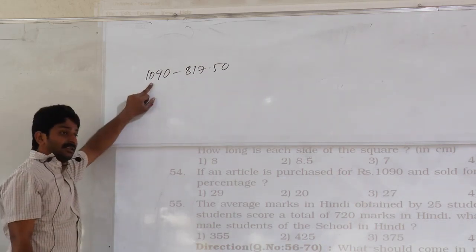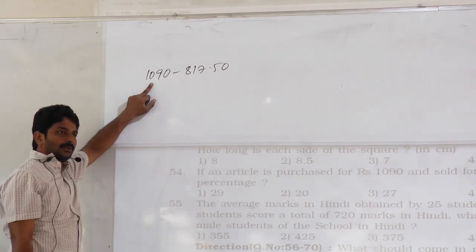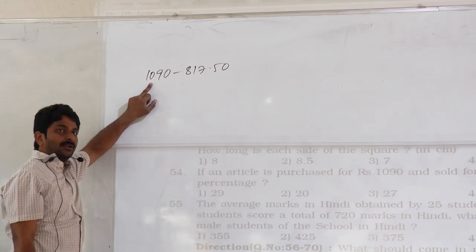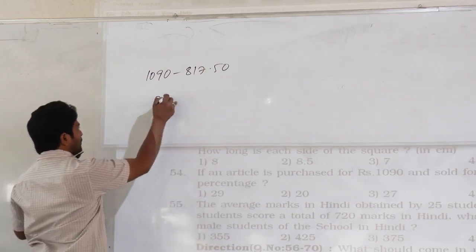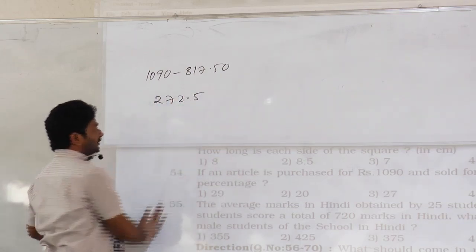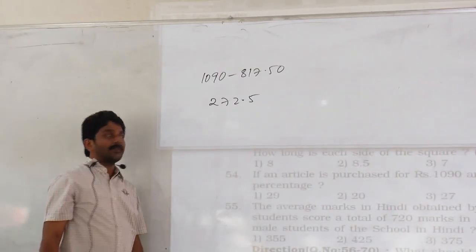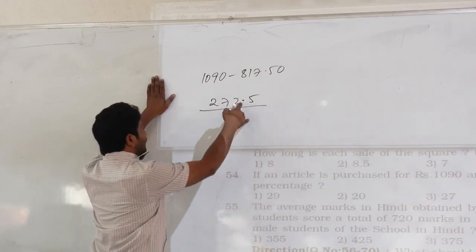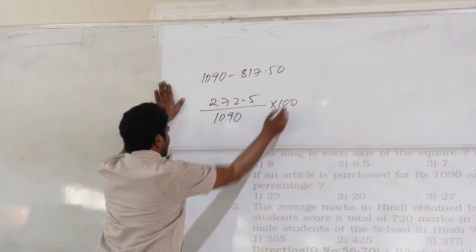Subtract 820, 270, add 2.5, 272 and a half. This is the loss. Yes? And the cost price is 1090. 272 and a half loss from 1090. Percentage, right? So into 100.